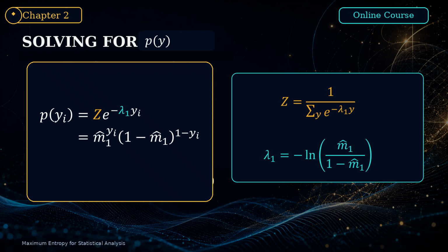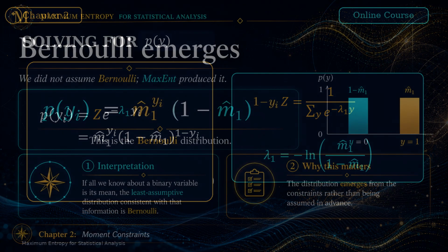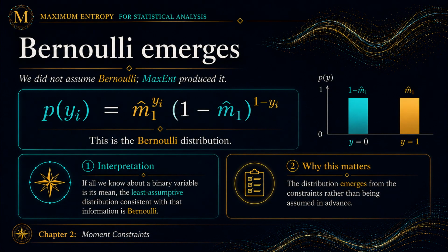But when you go through and you complete all those substitutions, you come out with that expression right there. The m1 hat to the yth power times 1 minus m1 hat to the 1 minus yi. And if you consider the fact that m1 represents the mean, this is the Bernoulli distribution.